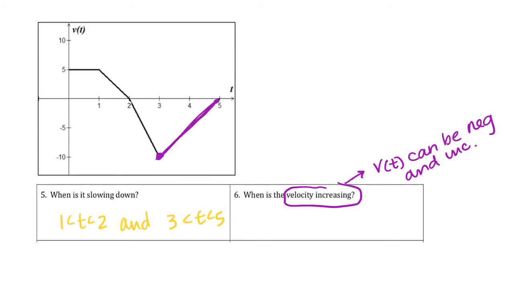So here, to find out where velocity is increasing, looking at our graph, and if you wanted to talk about acceleration here, because if velocity is increasing, that tells me that acceleration is positive.